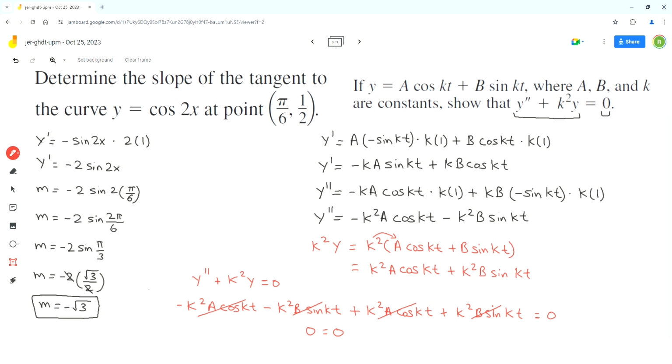That means the left side is equal to the right side. So we have proved that the second derivative of y plus k squared y is equal to 0. These are the steps you have to keep in mind to solve a problem like this one.